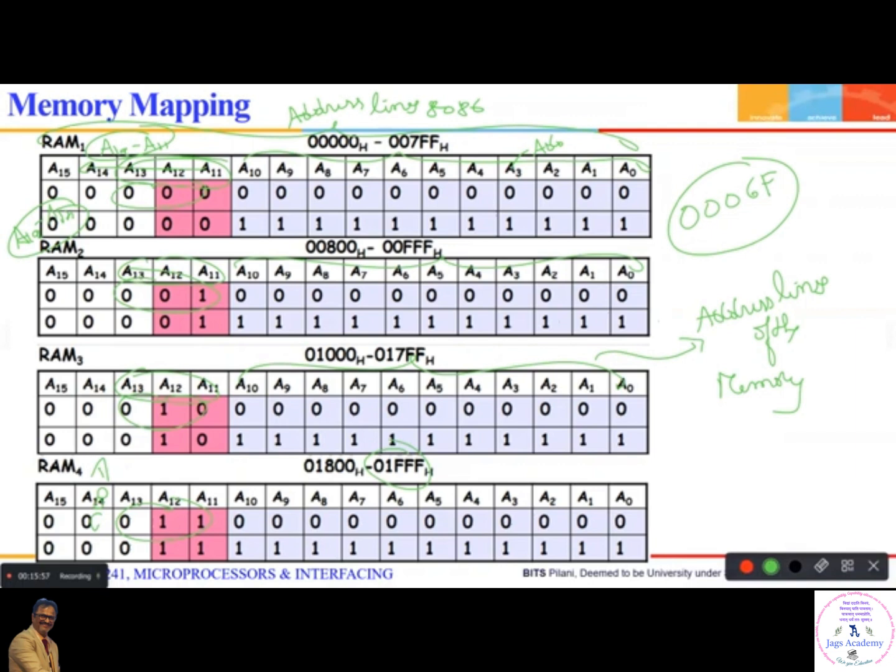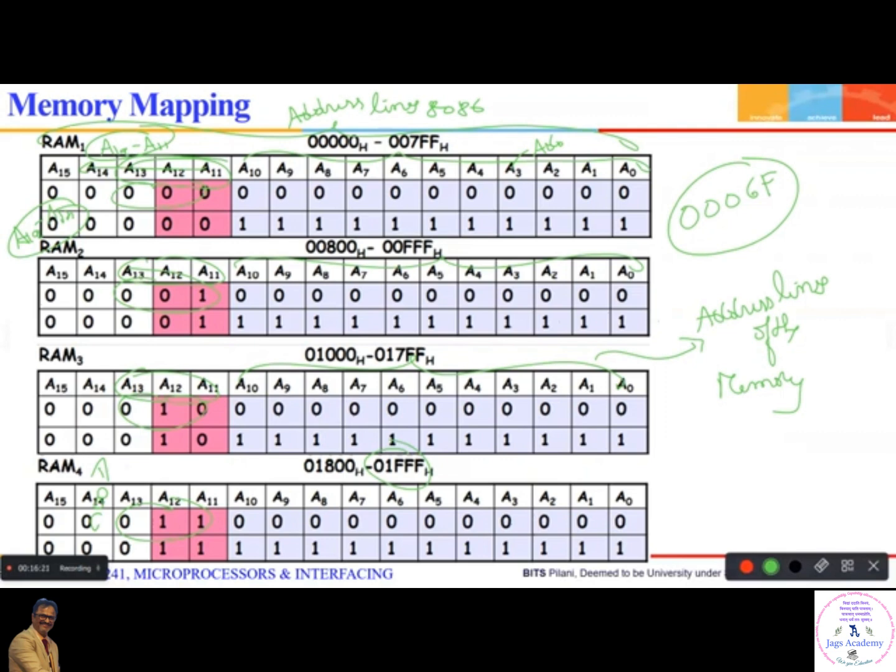So always you have seen that your A13 is also all zero. Only A11, A12 differ because we want to give 3 inputs to a decoder. We considered A13, otherwise A13 is all zero, for this particular design I am talking about.